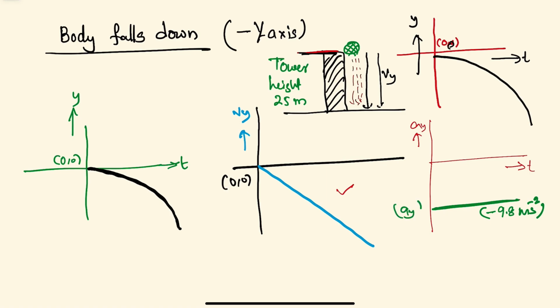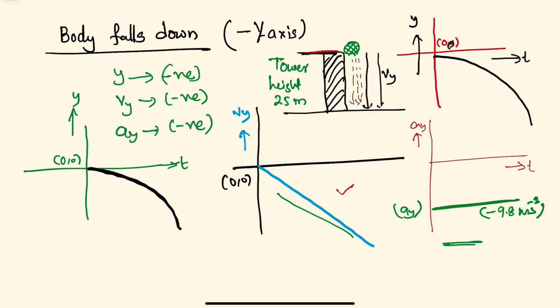So what is happening here? The y position is negative and increasing, velocity Vy is negative, acceleration is negative. Earlier, in the case of the body moving up, y and Vy were positive, and acceleration was again negative.